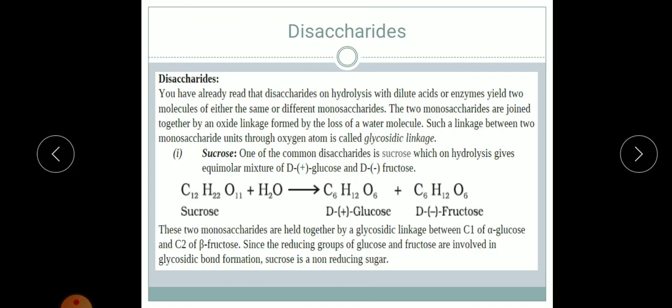Okay, so these two monosaccharides are held together by glycosidic linkage between carbon number 1 of alpha glucose and C2 of beta fructose. Since the reducing groups of glucose and fructose are involved in glycosidic bond formation, sucrose is a non-reducing sugar. This we have already seen, that sucrose cannot reduce Tollens reagent and Fehling's solution. That's why it is a non-reducing sugar.